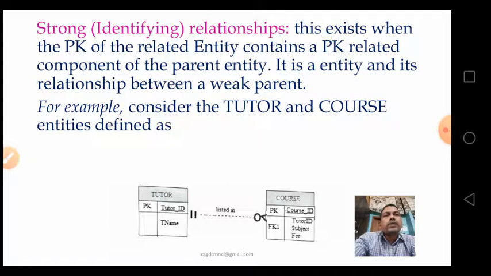Example, tutor and course entities defined like so: a weak relationship exists between tutor and course because the course ID is the PK of the course entity, while the tutor ID in course is only an FK.